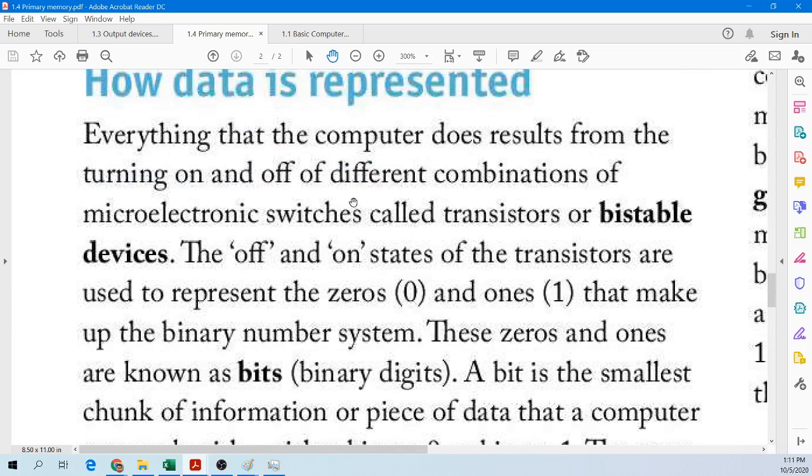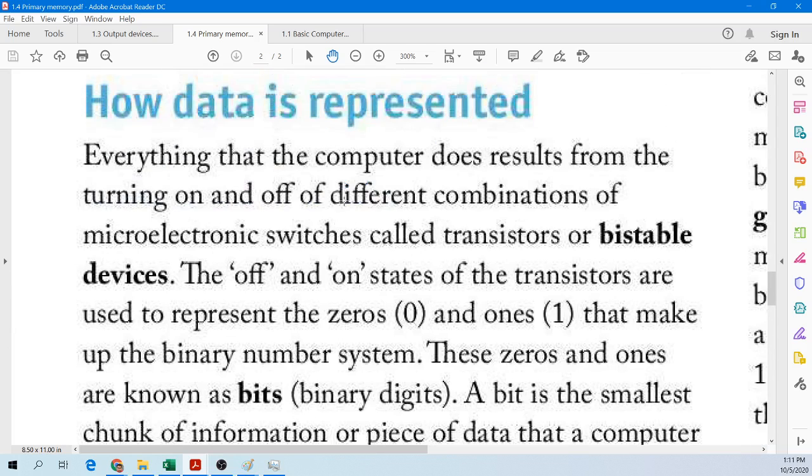Now, the first part is a bit technical. For those of you who might do physics later on, or electech, you will learn about transistors. The transistors basically have two states. They're either on or they're off. And in binary, there's also two states, a 1 or a 0. So that on and off state in the transistor is represented by this 0 and 1 in the binary system.